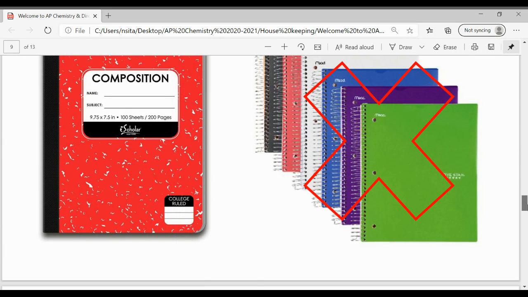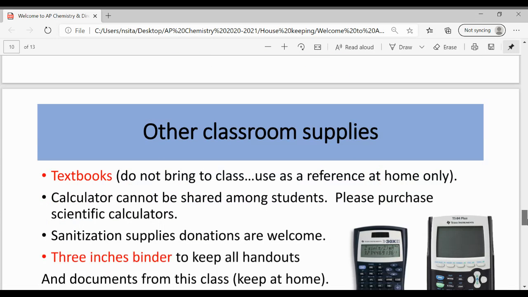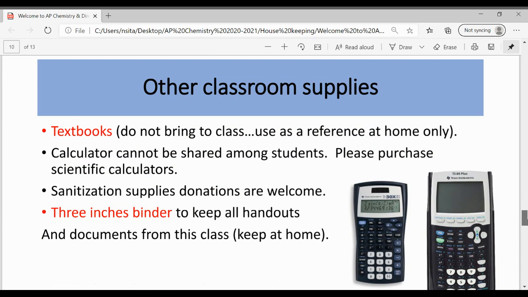No need to go buy composition books. Other than that, I will need you to have calculators. For the textbook, don't bring it to class, keep it at home. I highly recommend that you have a 3-inch binder so that you can keep all of your documents in one place. When you have to study for the AP exam, you have one place to go, and you don't have paper flying everywhere.